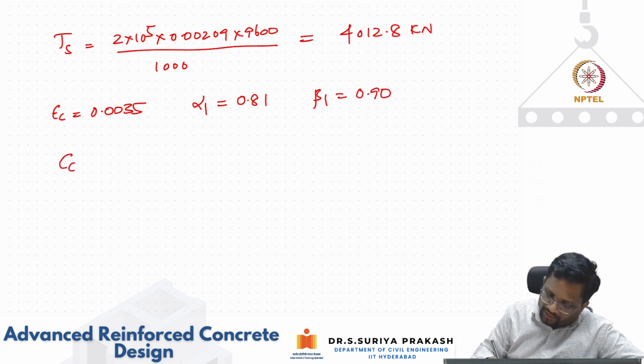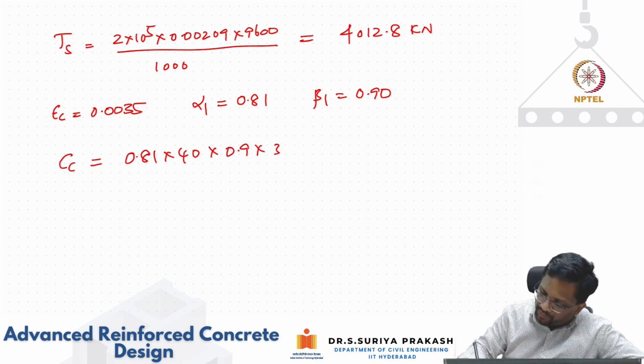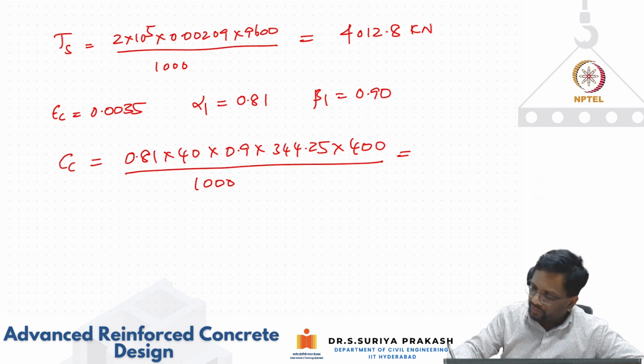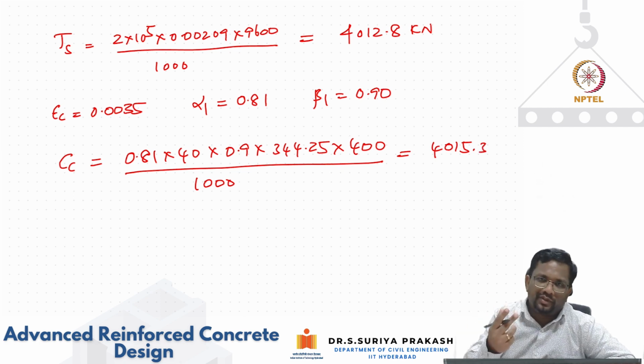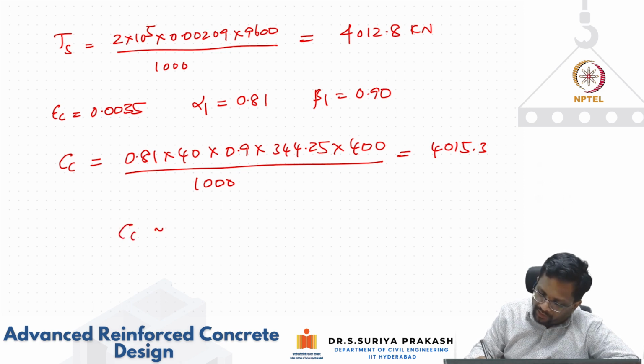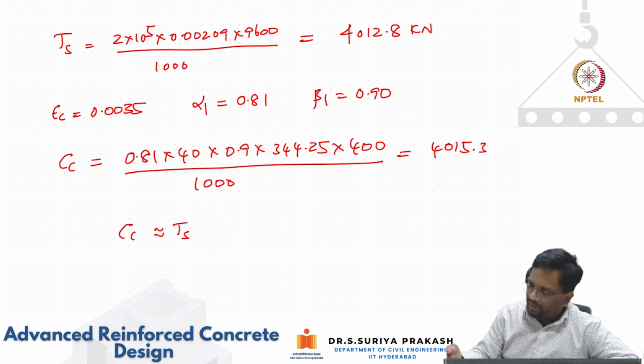So Cc can be calculated as 0.81 times 40 multiplied by 0.9 multiplied by XU, which is 344.25, multiplied by breadth, which is 400, and then the whole thing divided by 1000 to get it in kilonewton. So you'll find that it is working out to be 4015 kilonewton. Okay. Again, we are structural engineers. For 4000 kilonewton, a 3 kilonewton difference is okay. So we can say that Cc is nearly equal to Ts.